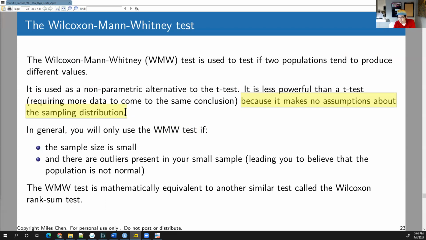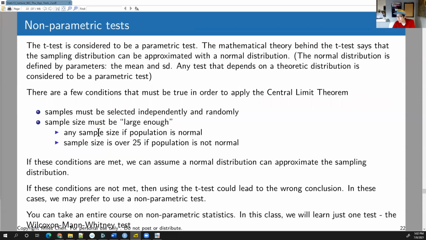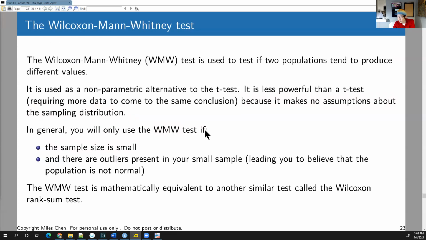And so in practice, you're going to use this Wilcoxon-Mann-Whitney test basically if the sample size is small. With a small sample size, we said the population needs to be normal. So basically, the sample size is small and you have outliers in your sample, because if you have outliers in your sample, that's going to lead you to the conclusion that your population is not normal, right?